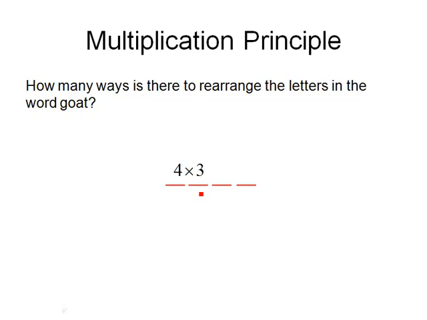Now we've chosen those first 2 letters, so there's only 2 things to choose for the third letter. And once we've chosen the first, second, and third letters, there's only one way to choose that last letter. So when we multiply these decisions together, 4 times 3 times 2 times 1, that gives us 24 different ways to rearrange the letters in goat.